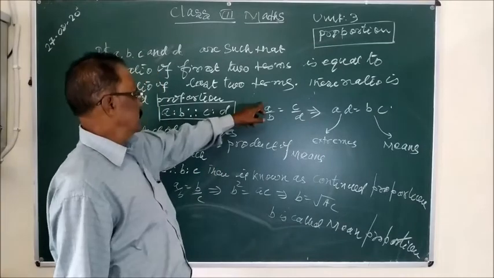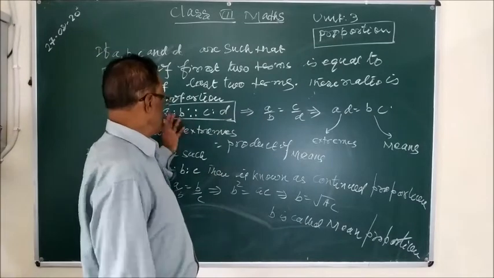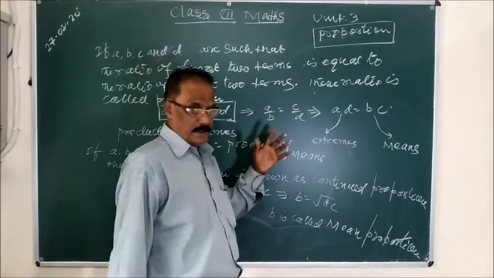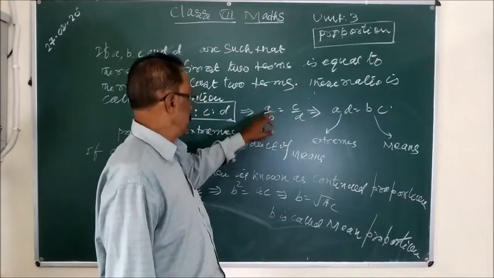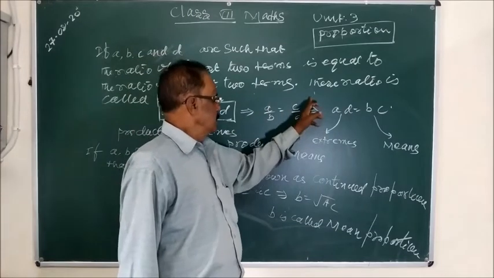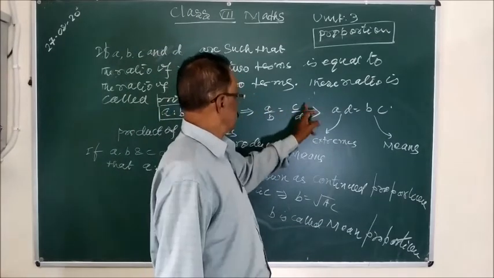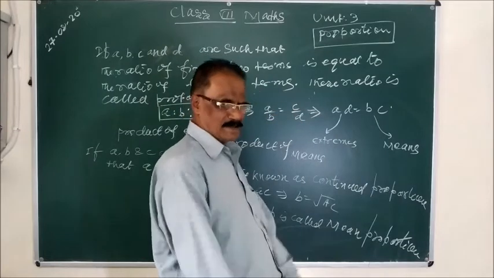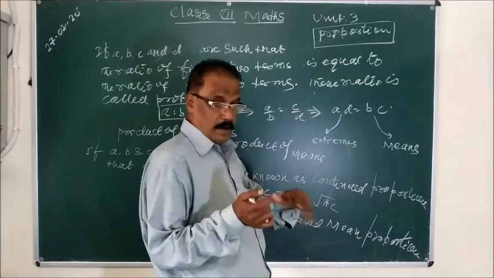Or this can be written like this. Ratio, you know, is a form of fraction: A by B is equal to C by D. And if we multiply these two, this is called cross multiplication. You will learn more about this word.